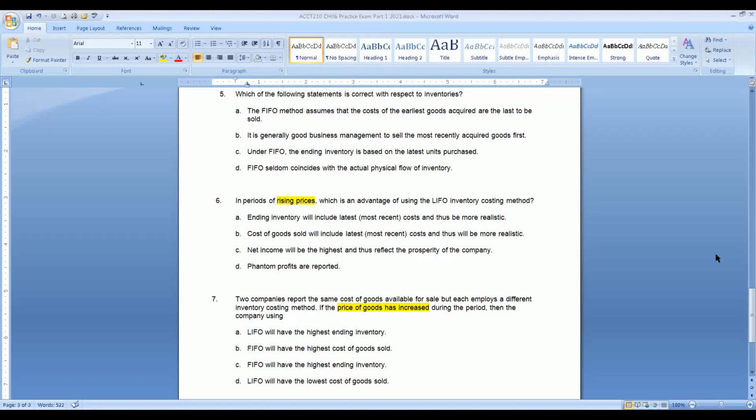Okay, so part 2 is already in Blackboard too. Is anyone still working on the multiple choice questions? Need more time?